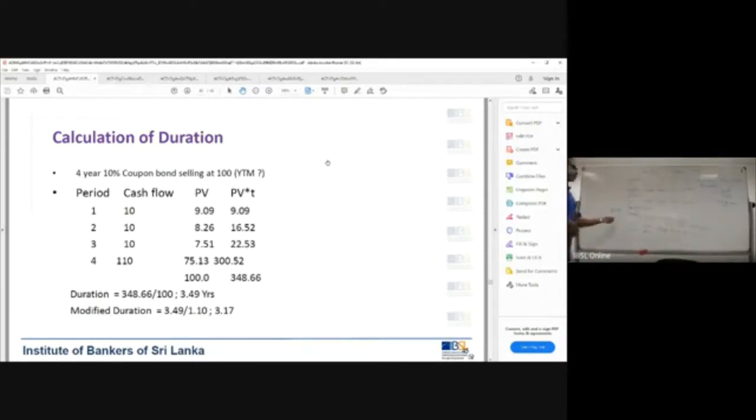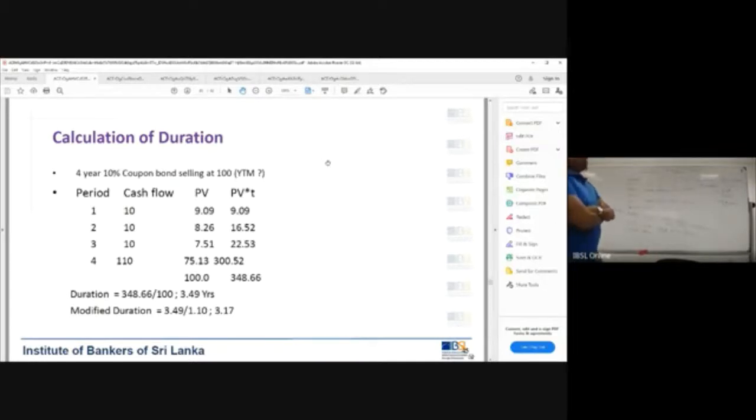Okay, so Macaulay duration gives the weighted average maturity, whereas modified duration gives the interest rate sensitivity. So if you are asked to calculate duration, you can just calculate Macaulay duration, doesn't matter. But the best thing is to calculate modified duration, which gives a result of 3.17 years.